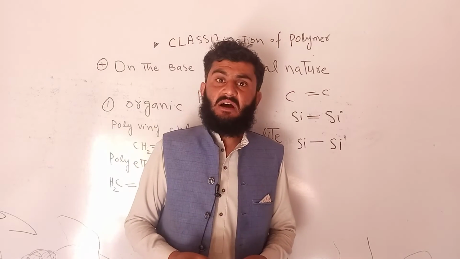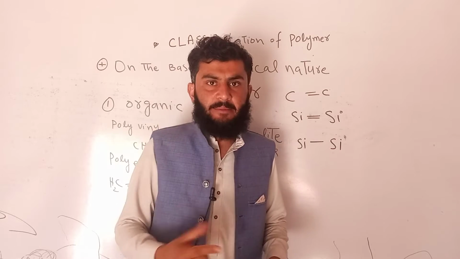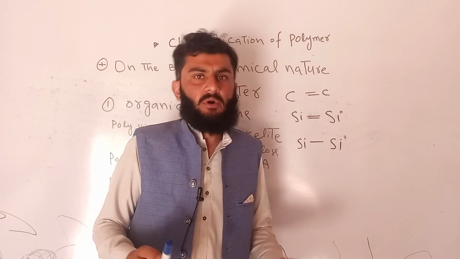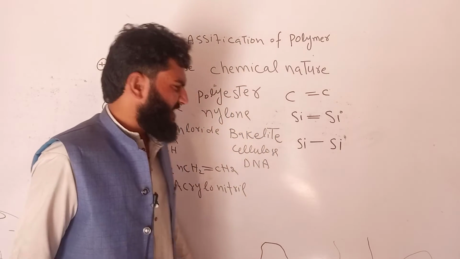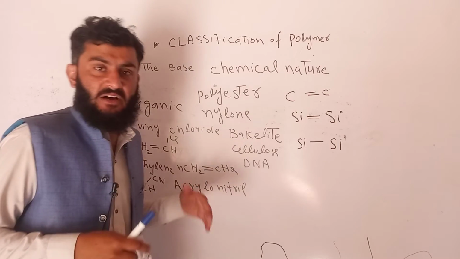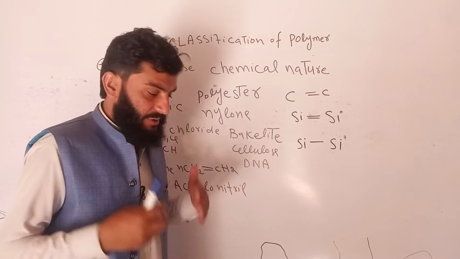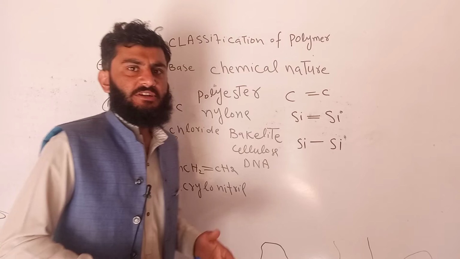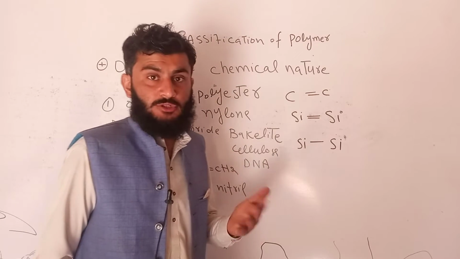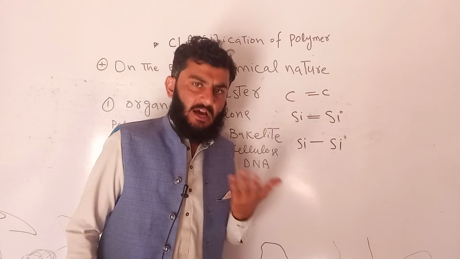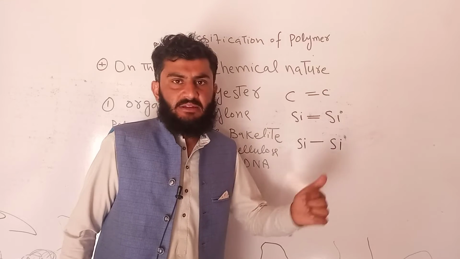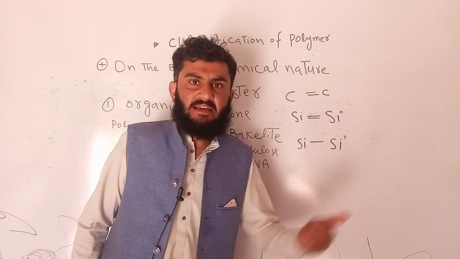Clear? These are all examples of organic polymers. There are millions of types of organic polymers, but by definition, organic polymers are those polymers which have a carbon chain, which have a carbon skeleton.